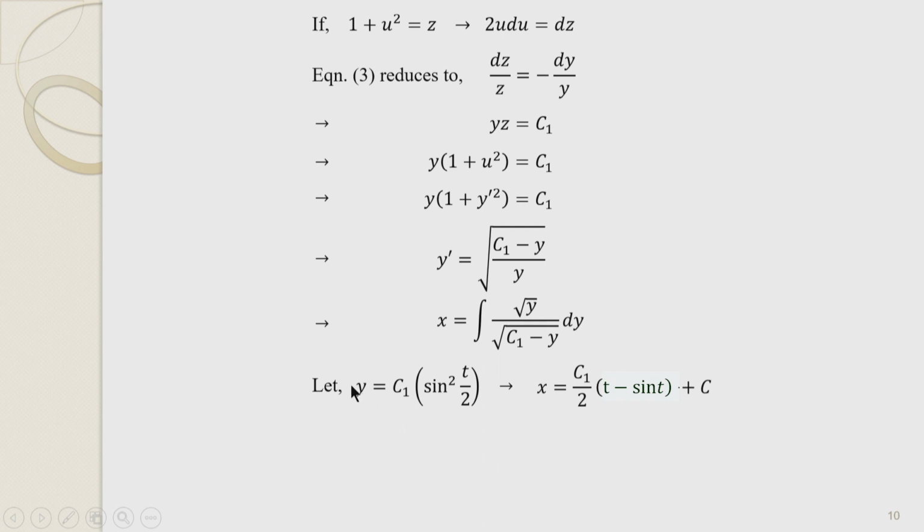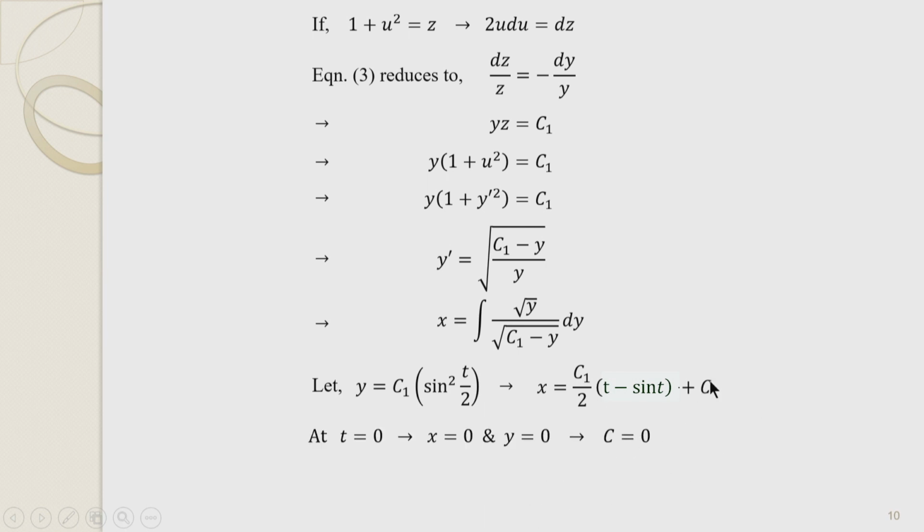Now, here we can substitute using parametric expression as y equal to C1 sin square t by 2. If you do this substitution, you can write also dy as an expression of dt. After that, if you do the integration, you have this form of x.